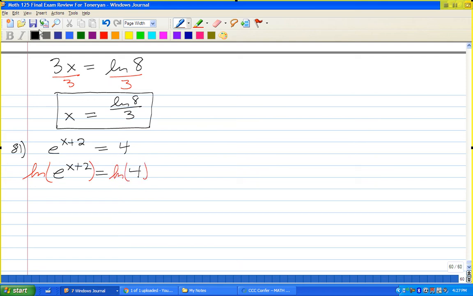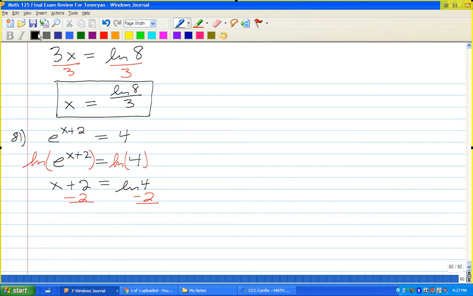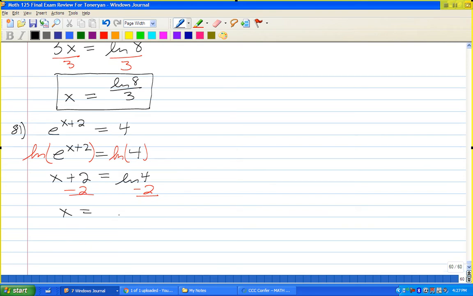Again, ln e to the x plus 2 is just x plus 2, since the natural logarithmic function and the natural exponential function are inverse functions of each other. Let me subtract 2 from both sides of my equation. So x is equal to ln 4 minus 2. And that is your answer.